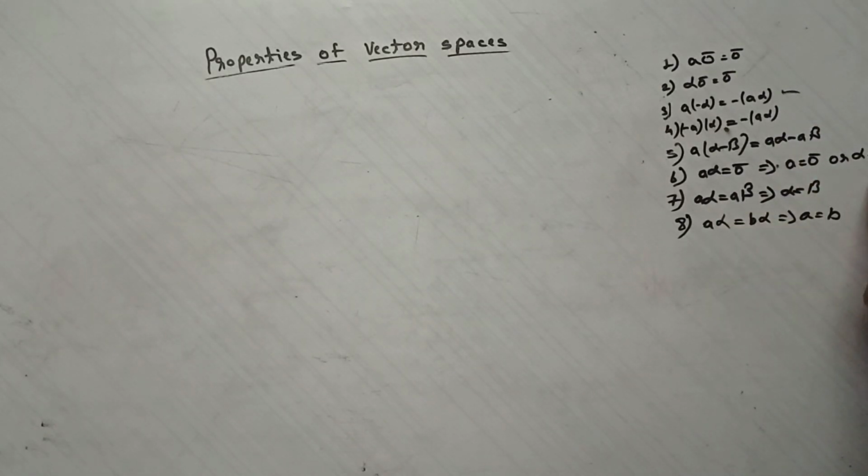This is a summarization of the whole section. We prove that alpha is not equal to 0 and a equals 0, so we take the opposite: we take that a is not equal to 0. Then we proceed and get alpha equals 0, but earlier we took alpha as not equal to the 0 vector. So it is by the process of contradiction.